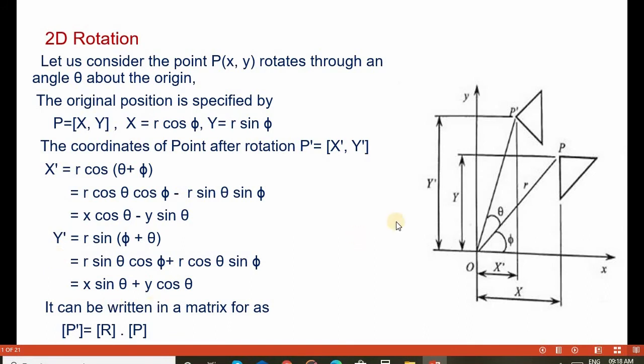The x dash and y dash are the new rotated object coordinates on the x axis and y axis, such as P dash. So the original object P has been rotated into P dash, the rotated object, by angle theta. This is the principle of the rotation process.